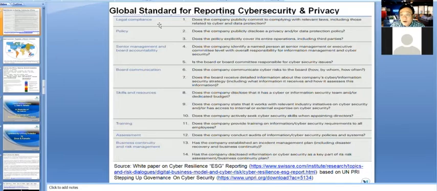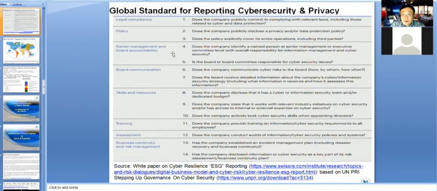For example, legal compliance, whether they are complying with legal requirements. I am going to show some of the regulations available all over the world. Then policy, whether the company publicly discloses its privacy and data protection policy.